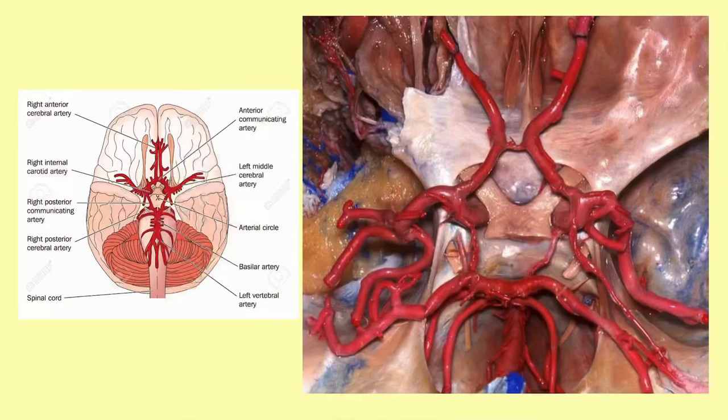Now, on your exam, particularly if you're taking Step 1, you will probably be given a visual, kind of like this. Now, in real life, arteries are not this red and veins are not this blue, but this is a possibility of a picture that you might see. And so what you want to know is your major landmarks. So notice this vessel right here that's connecting these two in the front. This is the anterior communicating artery. And so then you know from that point on that here you're dealing with the MCA.